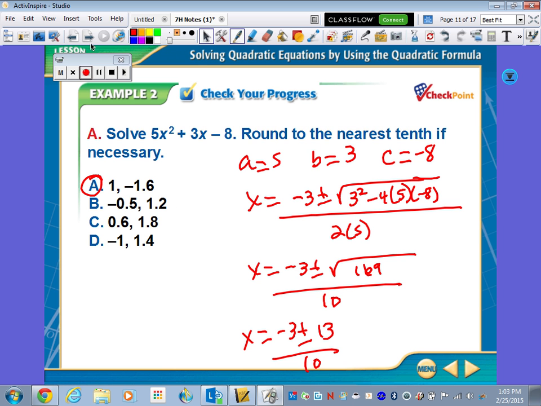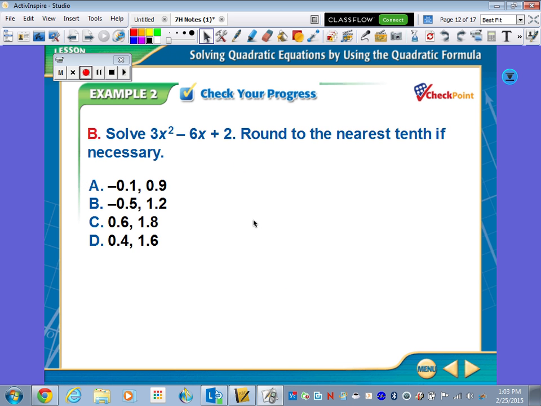Okay, so let's go on to the next one. We're going to do this one as well. And I know we did this one. I, again, don't remember the number, so let's do this again. So A is 3, B is -6, and C is 2.